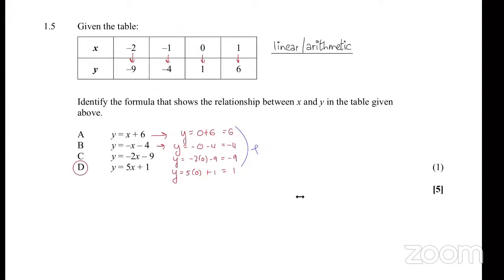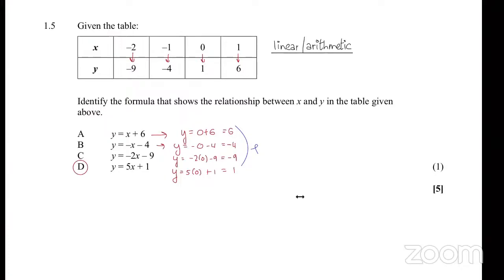I don't know if you guys remember your straight line equations, which look something like this, where y is equal to mx plus c, essentially, which represents a straight line, which represents linearity. So when we talk about arithmetic or linear patterns, the equations are the same.